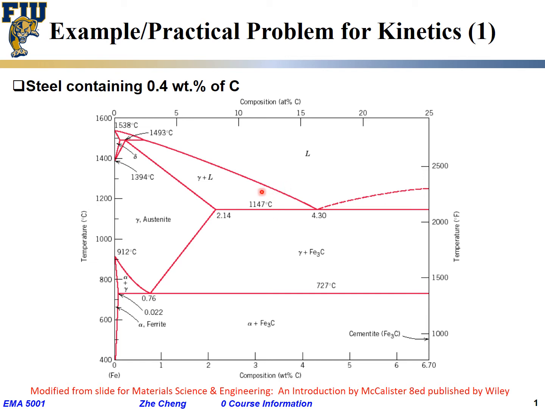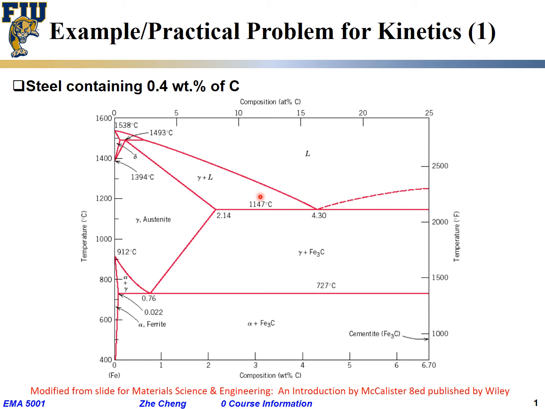Make sense? Let me ask you another one. If I'm here, 3%, 1200 degrees C, how many phases? Two phases, one would be gamma, one would be L for liquid, and which phase is more than 50%? The L or the gamma? It's the lever rule, right?